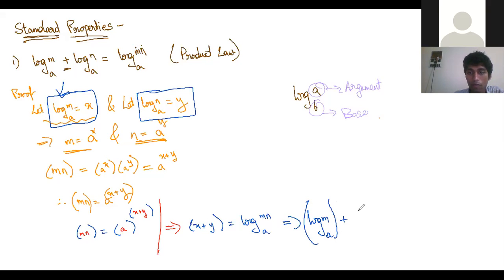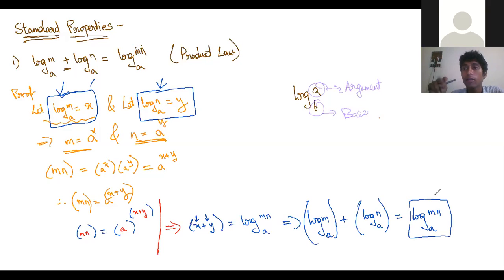And similarly, the value of y is log n to the base a. So by replacing x and y with the original equations, we are getting log m to the base a and log n to the base a. When they are added, note that if the bases are same, you can add them, and the arguments are getting multiplied.